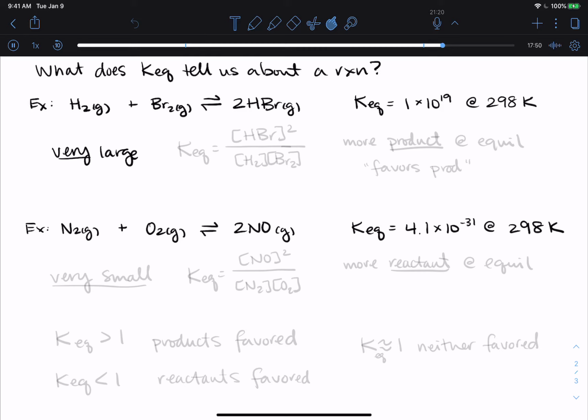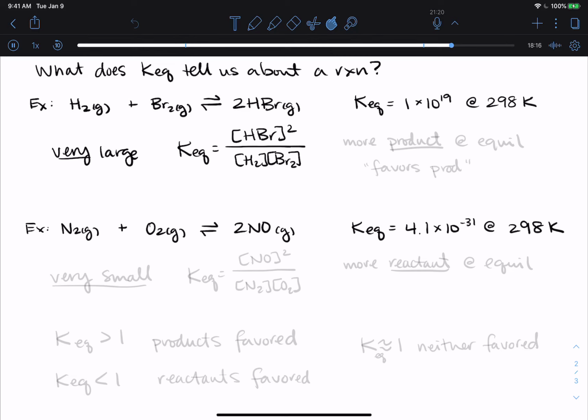When you try to think about what that means, I think the best thing to do is to write the equilibrium constant expression, which is products over reactants. So it would be HBr squared divided by H2 times Br2.